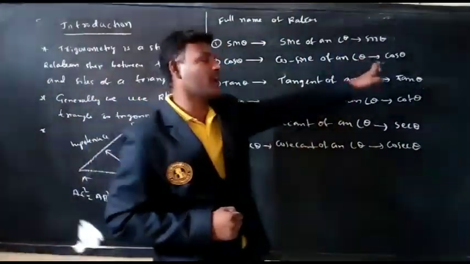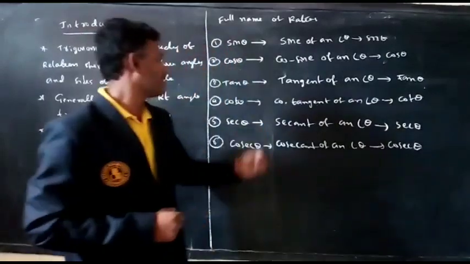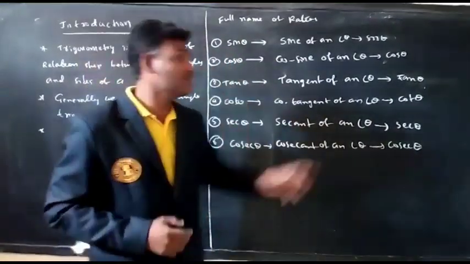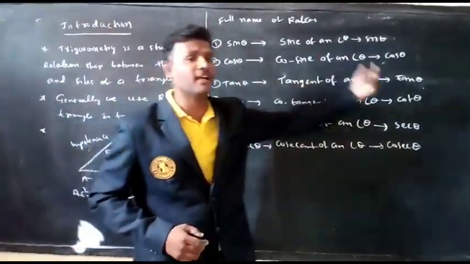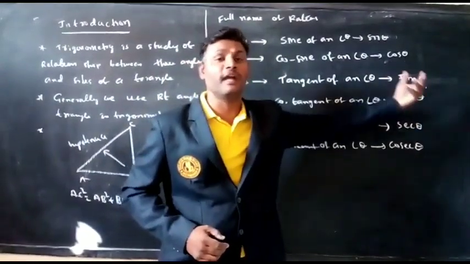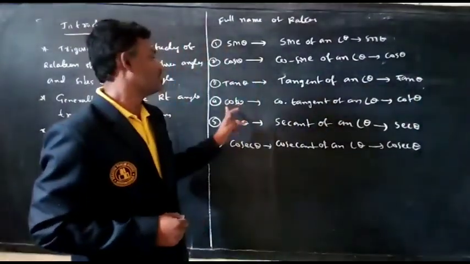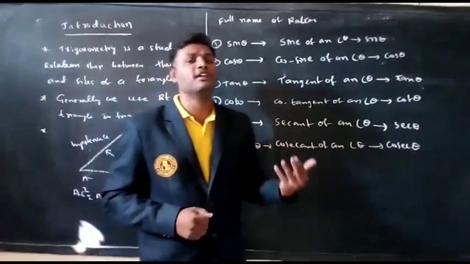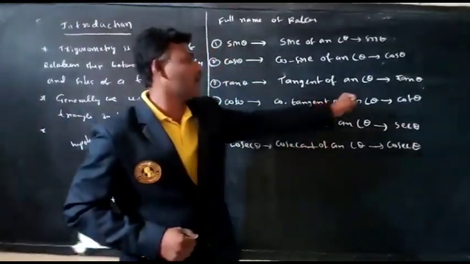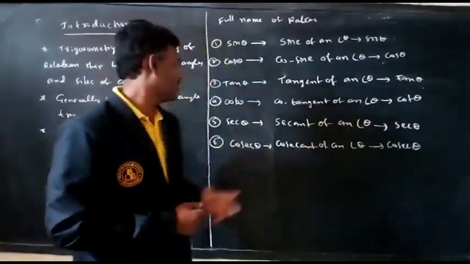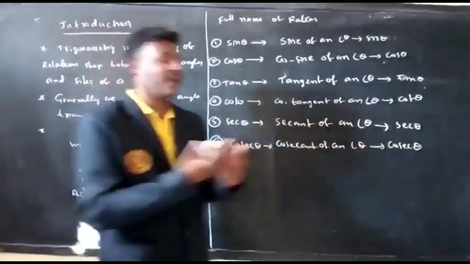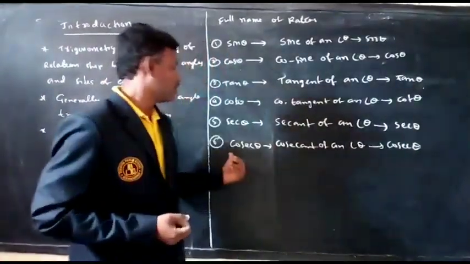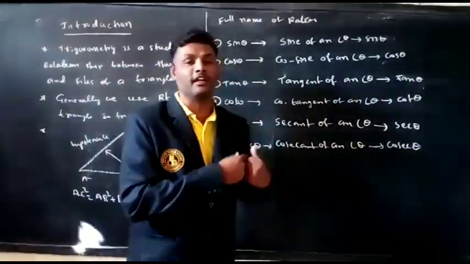Tan theta means tangent of an angle theta. Cot theta, cotangent of an angle theta. Next, sec theta, secant of an angle theta. Cosec theta, cosecant of an angle theta.